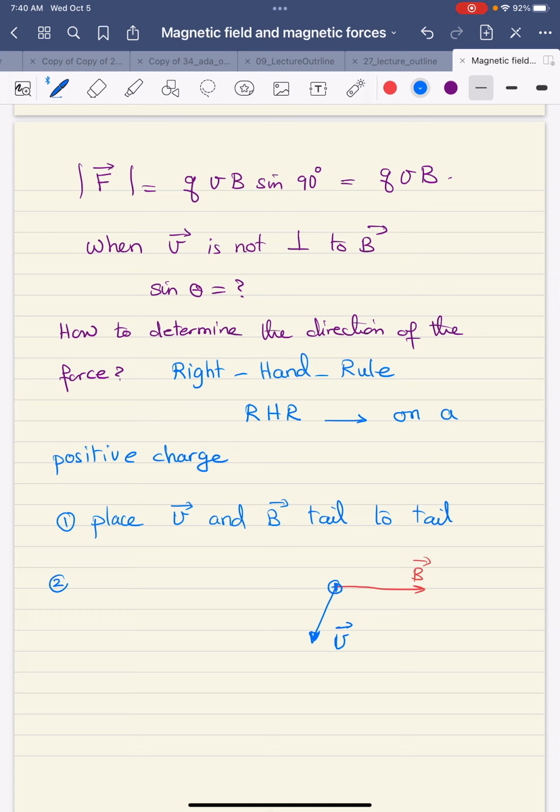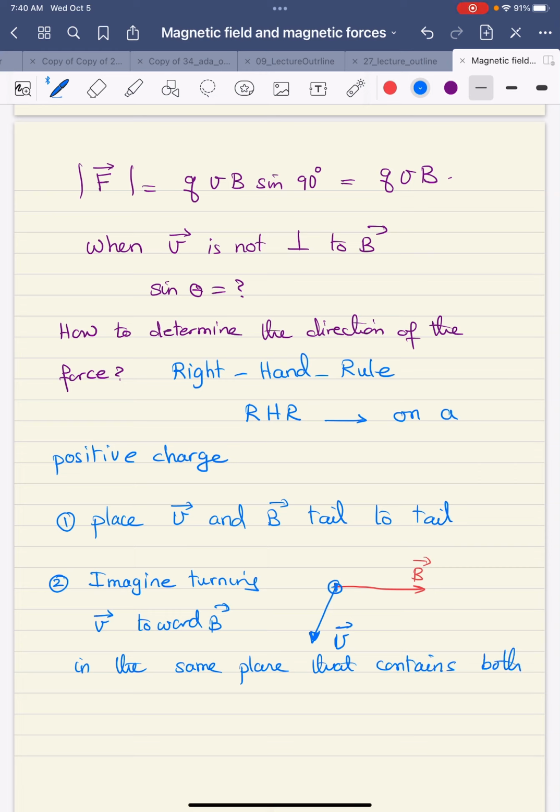Now number 2, imagine turning V toward B in the same plane that contains both vectors.